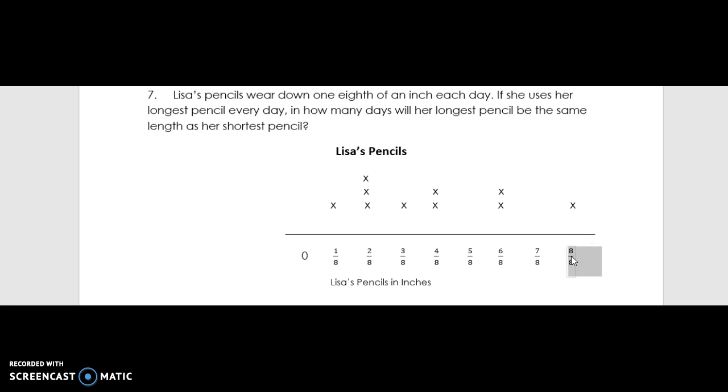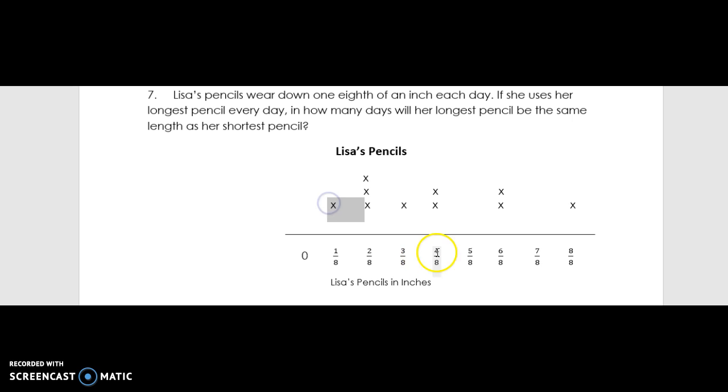So following to make sure that it's on the line plot and it has data, which one is the shortest? 1/8 of an inch. Why can't it be 0? Because there's not an X here. There's no data here showing that there was any pencil that wore down 0/8 of an inch each day. So you need to figure out the difference of 8/8 and 1/8.